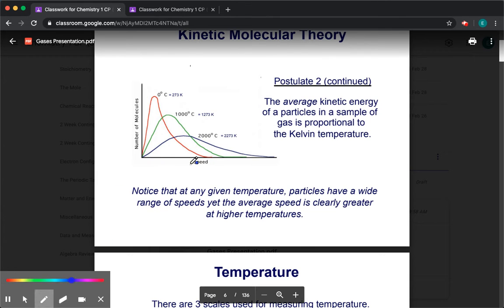And then if you increase that temperature to 1,000 degrees Celsius, that average moves over a little bit. So now most of them are here, and you have a better spread. And then if you look at the 2,000, the majority again are going a little faster, but this one has the most spread out. Some of them go a little faster over here, and some of them go a little slower. But on average, they're faster. That's what this is saying.